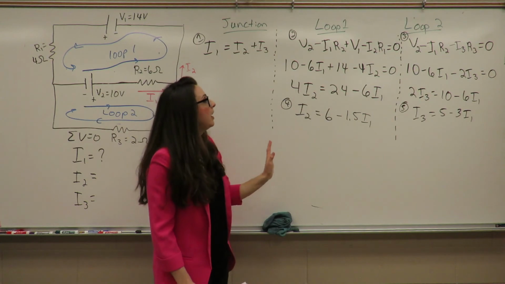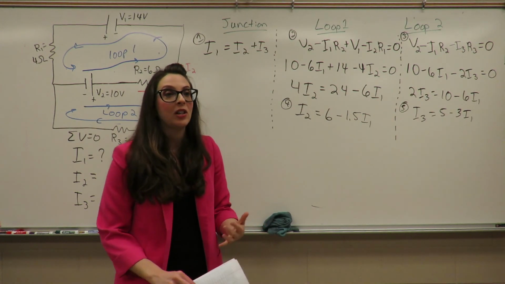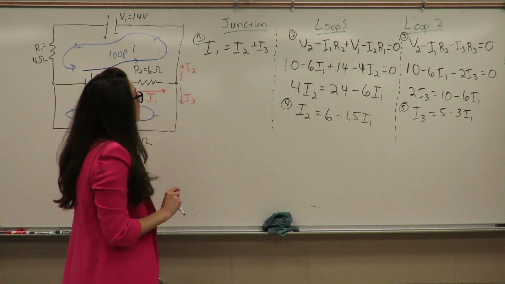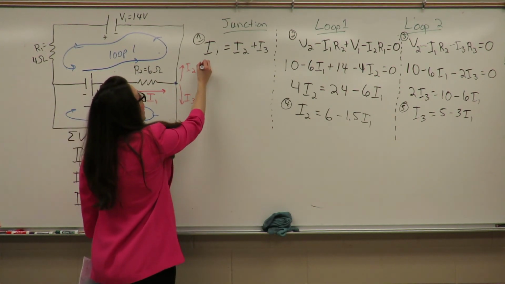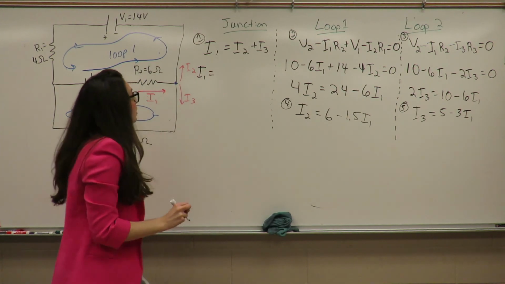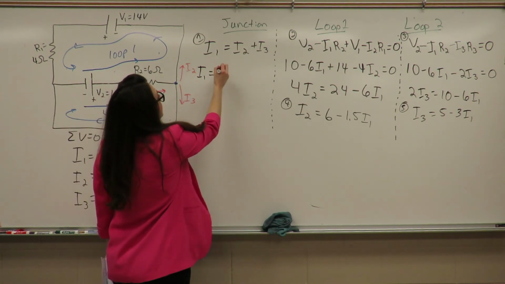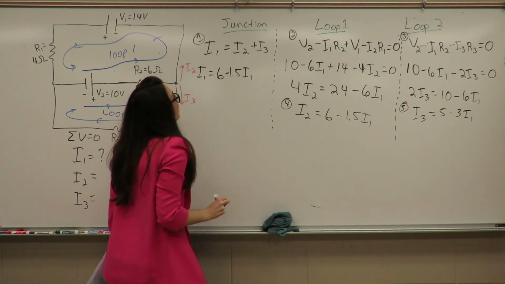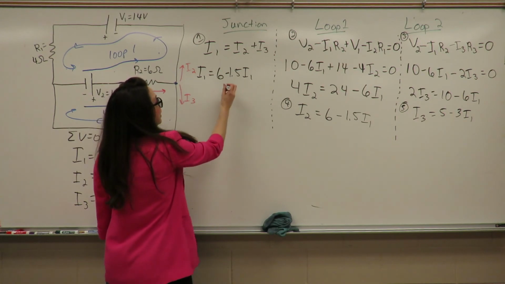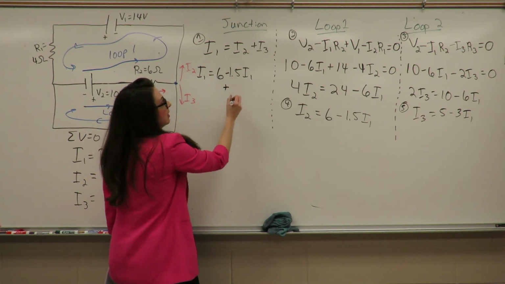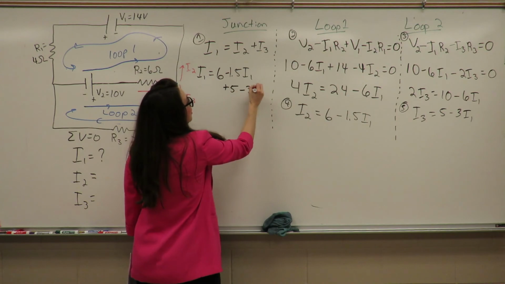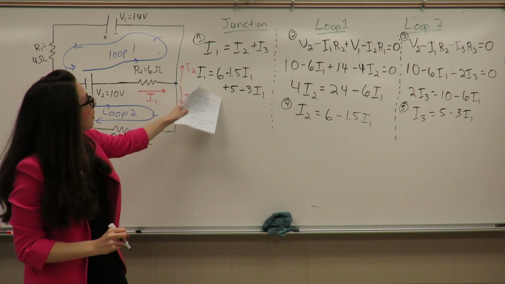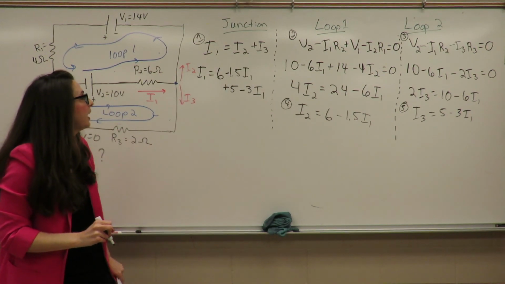And then the only variable that I'll have in that equation that I need to solve for is I1. And so if I start over here with this one, then I1 is equal to, for I2, I've got 6 minus 1.5 I1. And then I3 would be plus 5 minus 3 I1. Okay? So I1 is equal to all these terms together.